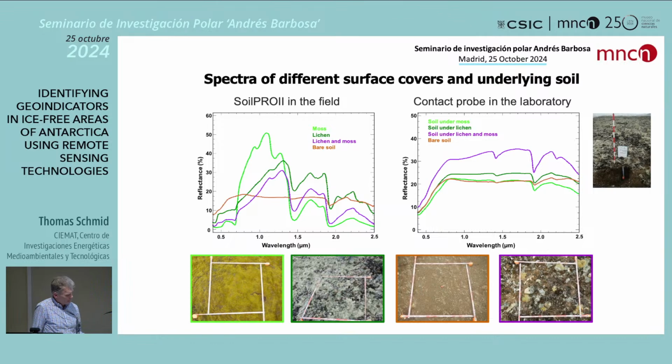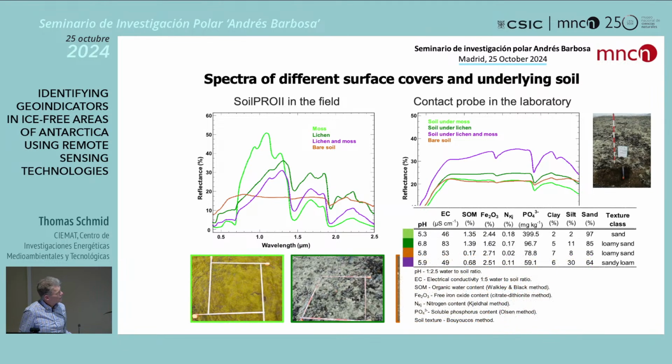But what we do is we obtain the spectra of both the surface, which can be covered with lichens, mosses, and of the soil underneath this vegetation cover. And this then allows us to relate this with soil analysis from the lab, and we can see how this vegetation on what kind of soil is really occupying. So we can have a good idea through the vegetation what kind of soil formation we're obtaining.